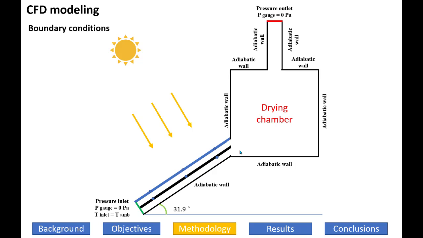In the numerical simulation of the CFD model, the boundary conditions were gauge pressure equal to 0 Pascal at the inlet and the outlet of the solar dryer. Moreover, since the experimental setup is thermally well insulated by polystyrene, the heat loss from the solar dryer edges was neglected. Therefore, an adiabatic condition was adopted for all these boundary walls.